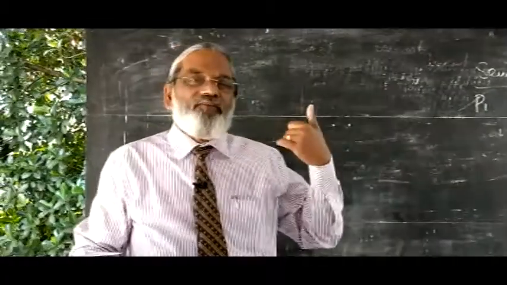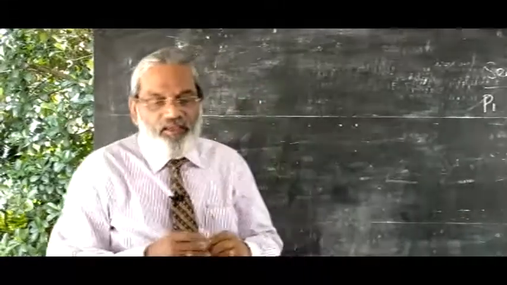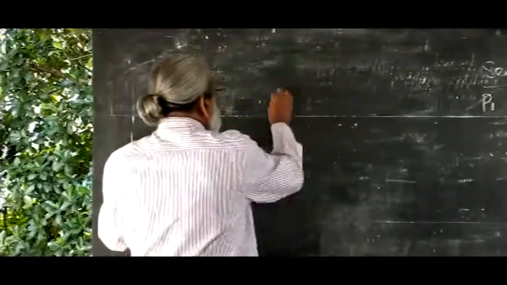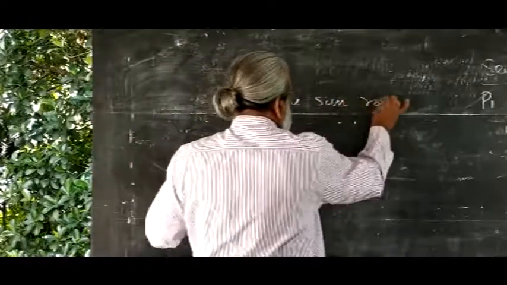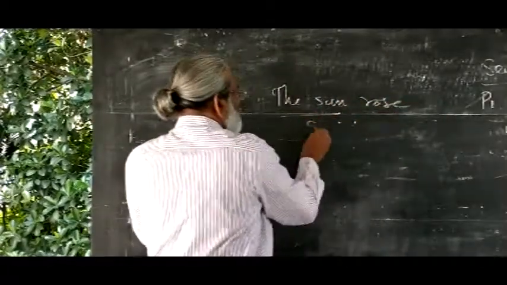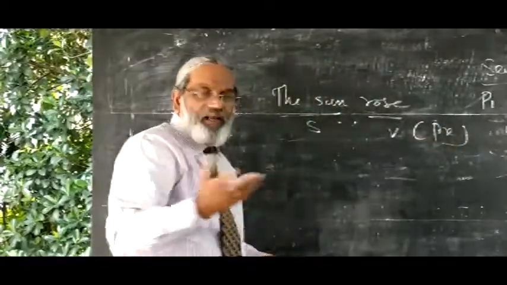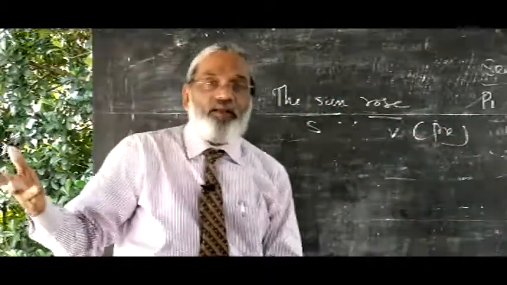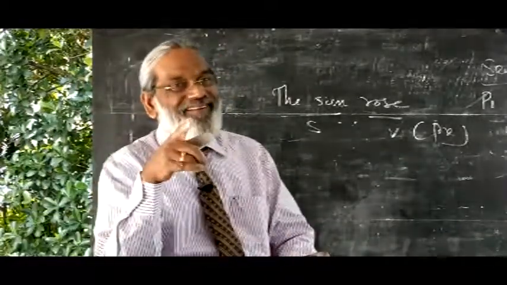So first is S plus predicate, or S plus V. Example: the sun rose. The sun, subject; rose, V, or you call it PRE. PRE means without an object, the same element can be considered as a predicate.